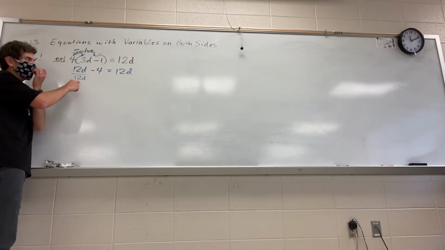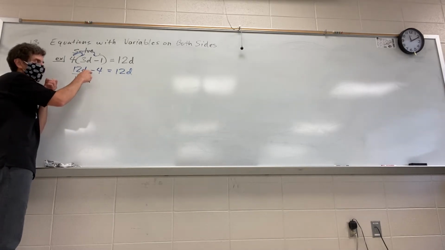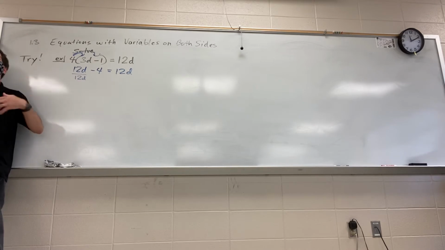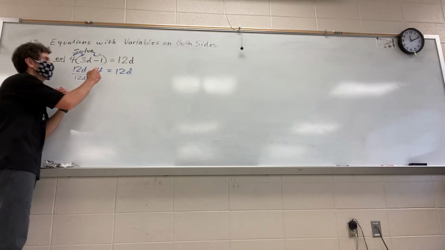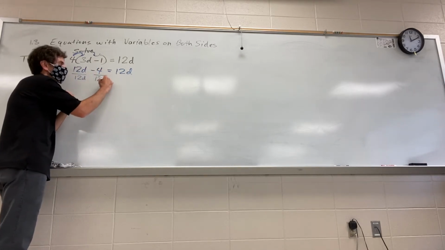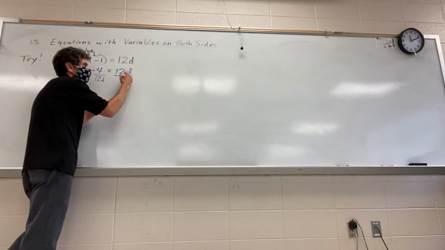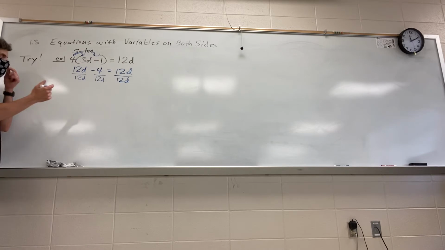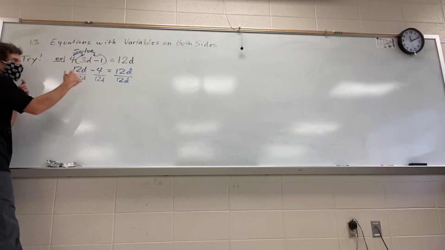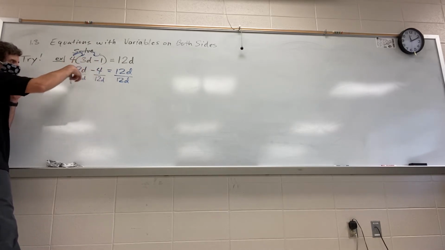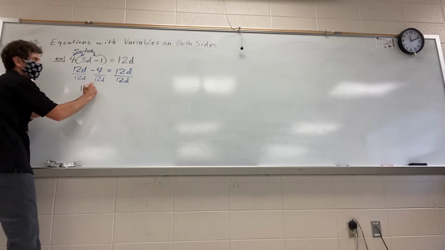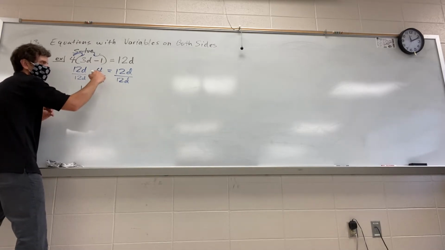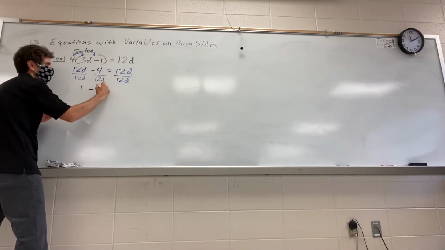Remember that if you divide and there's addition or subtraction, you got to remember to distribute the division. So you divide this by 12D and what else? This by 12D. And what's kind of curious is if she did it to its conclusion like this, she would get, I think that's 1/3.